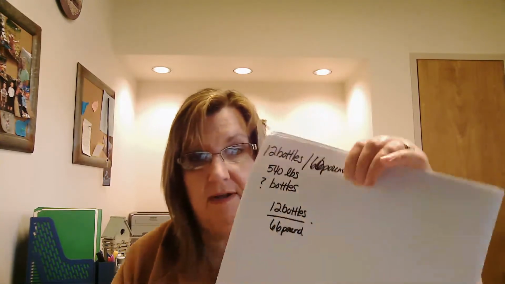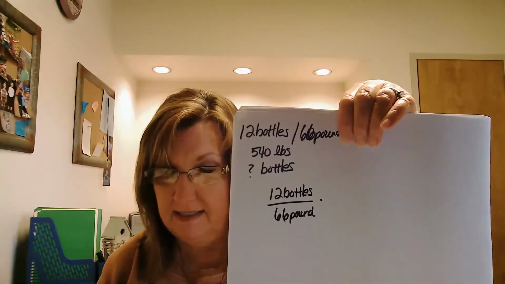So we're looking for bottles. Where in the problem would we start? We see 12 bottles to what? 66 pounds, y'all. 66 pounds. I think I put 60 at the top. So I would write it like that.